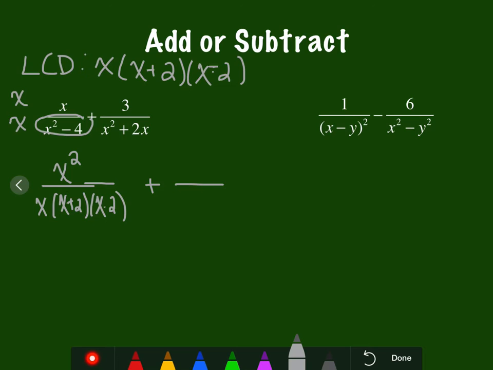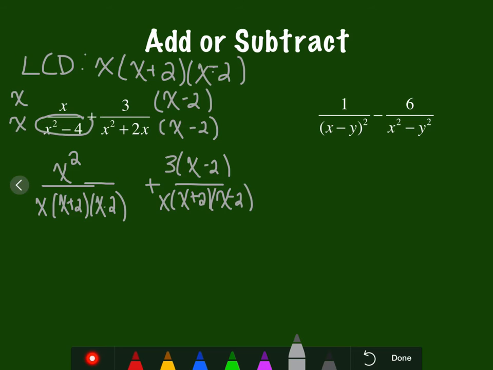My second fraction, I have the x and the x plus 2. I'm missing the x minus 2. So that's really what we're doing, is we're multiplying by what we're missing to have that same common denominator. So I have 3 times x minus 2 over x times x plus 2, x minus 2.